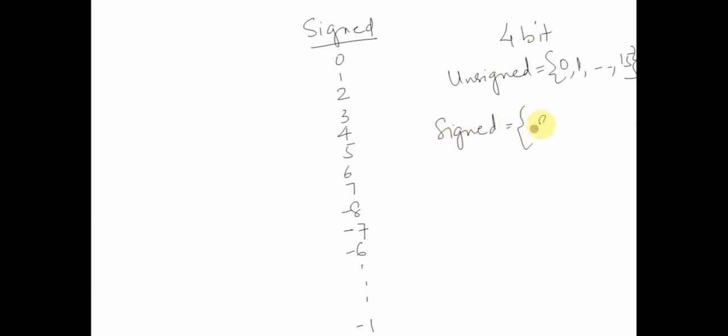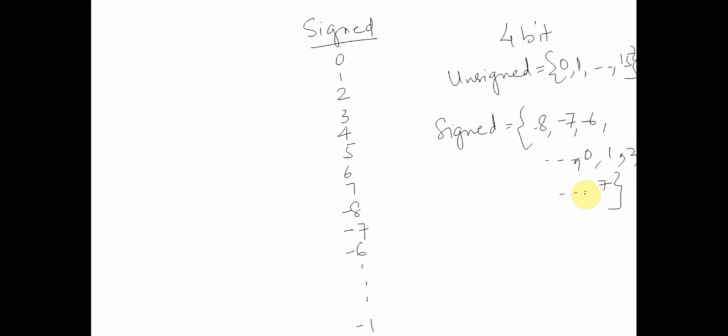So if I have a 4-bit number, my set of unsigned values is 0 to 15, and my signed set is nothing but minus 8, minus 7, minus 6, and so on to 0, and then 1, 2, and so on to 7.